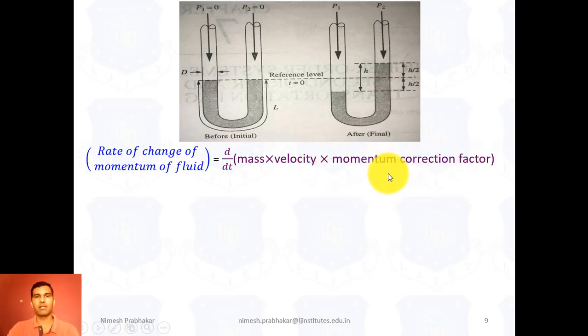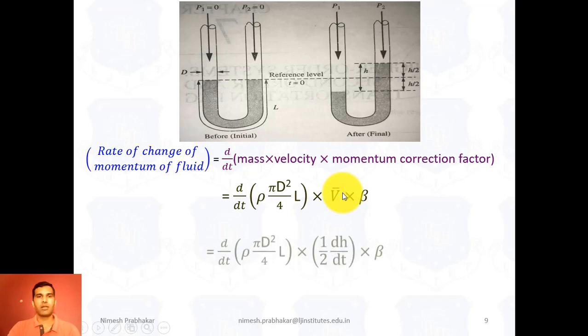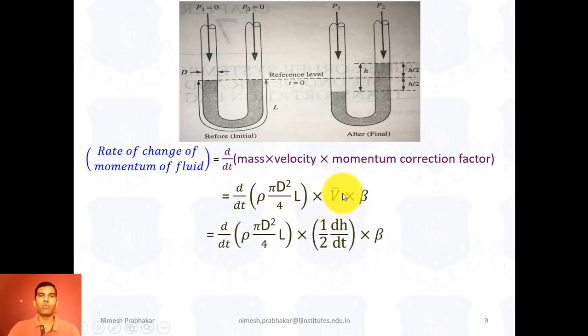So we can write this as d by dt of, mass is rho pi d square by 4 into L, and velocity is V bar, and the momentum correction factor is beta. Here we know V bar equals 1 by 2 dH by dt. And for laminar flow, beta value is 4 by 3.